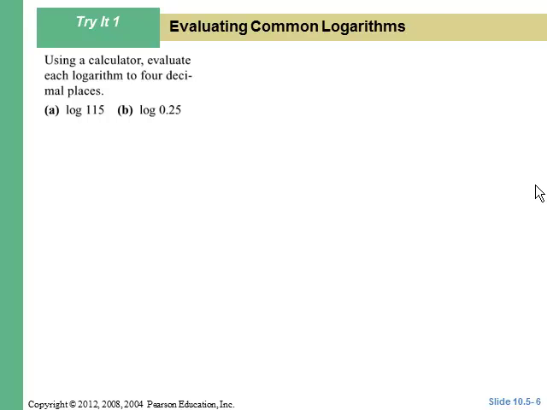So you'd press second function log of 115, and you get 2.0607. Log of 0.25, and you get negative 0.6021.